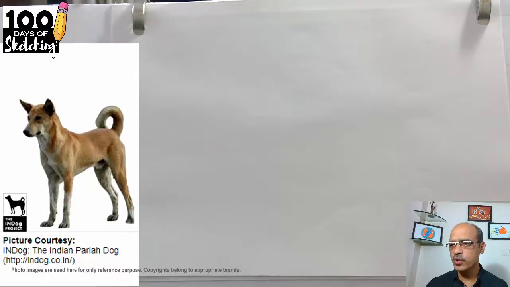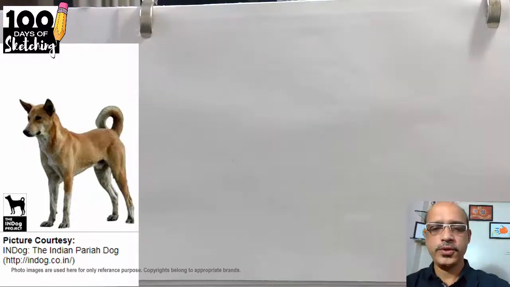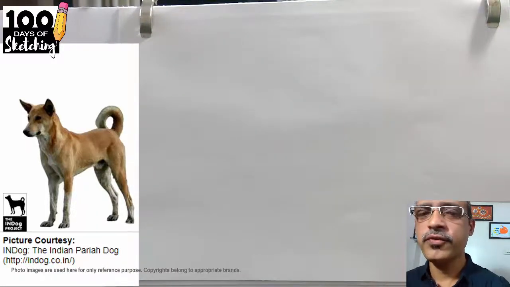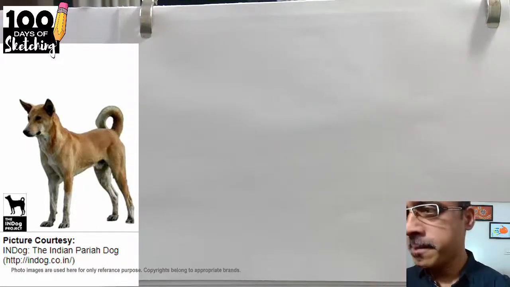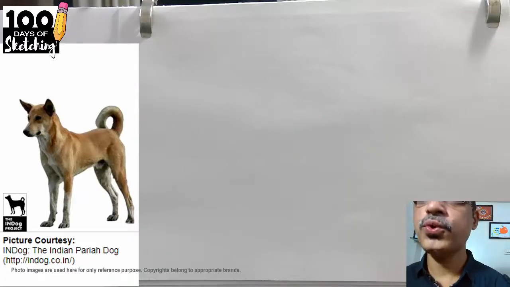There is no overlapping. It's standing in a three-fourth position, so you get good dimension into it, and I guess it's a good reference image for studying. Okay, so this is all set for sketching, and let's go.